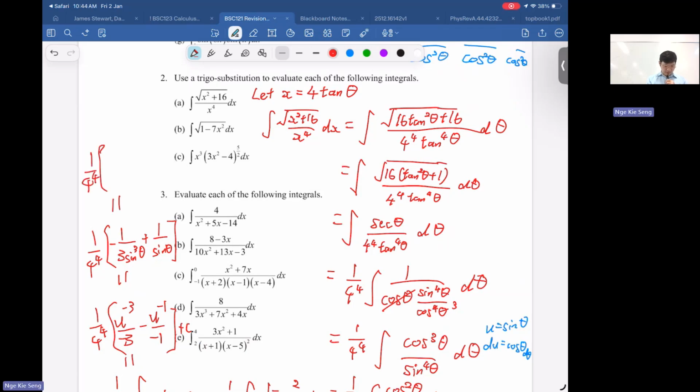So you get 1 over 3 of sine cube theta, which is what? Long, which is tangent inverse of x over 4, like that, plus 1 over sine of tangent inverse of x over 4, like that. Okay.